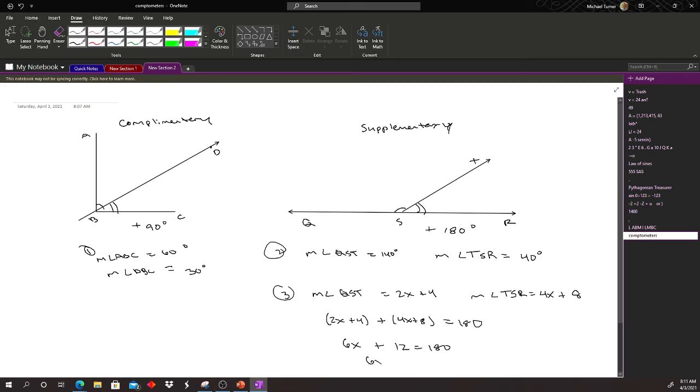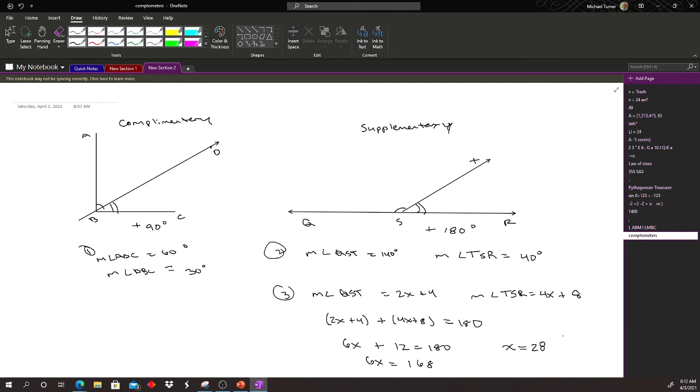We can then subtract 12 on both sides, and then dividing by 6 would give us a total of, nope, sorry, not 16, not 26 either, 28. So 168 divided by 6 would give us 28.